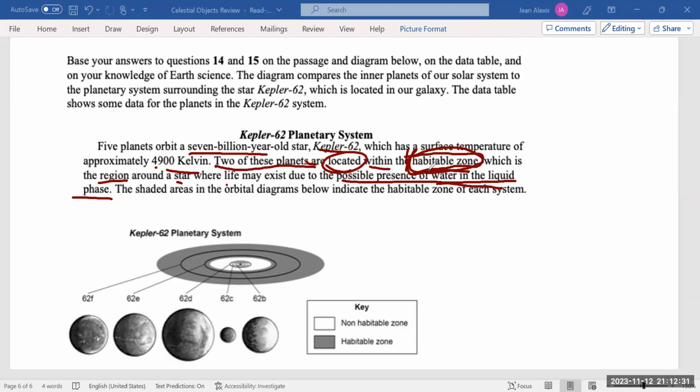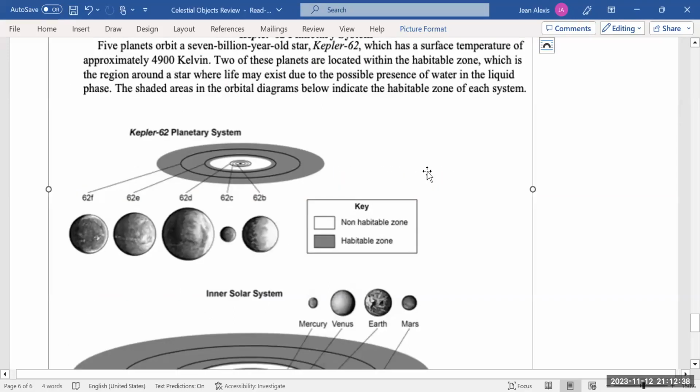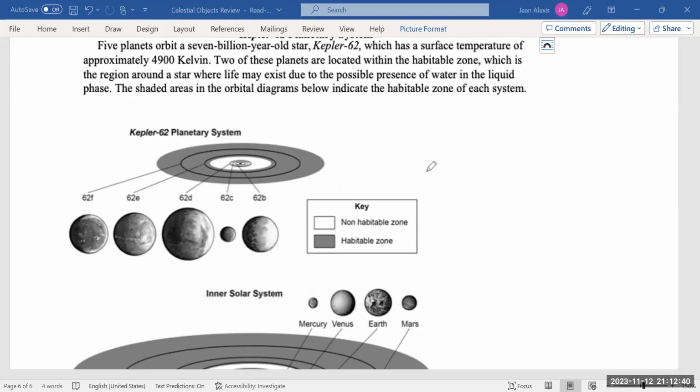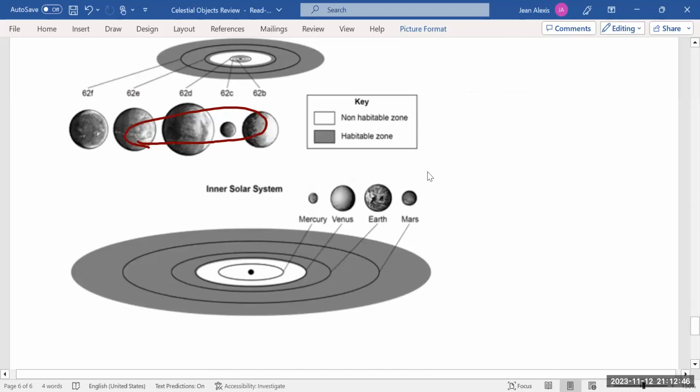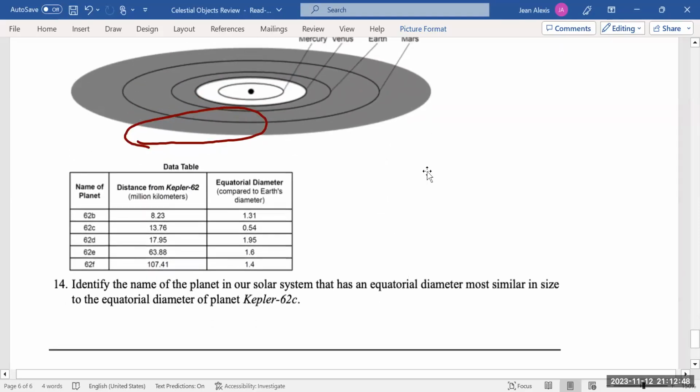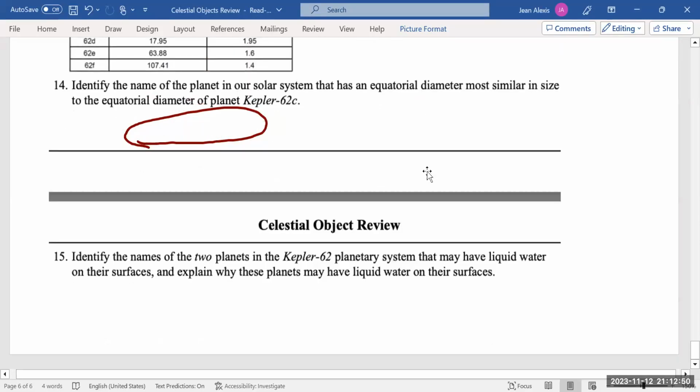How do I know what the habitable zone is? Well, let's take a look. When I scroll down, and remember, I'm only looking at the Kepler-62 planetary system because that is what the question asks me. The question is only asking me for number 15.